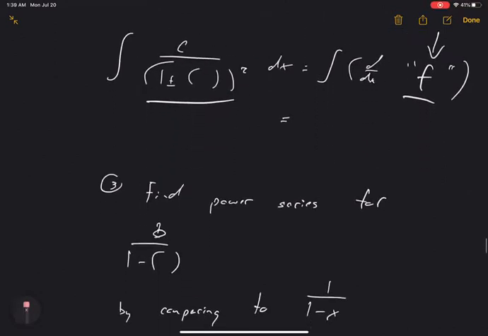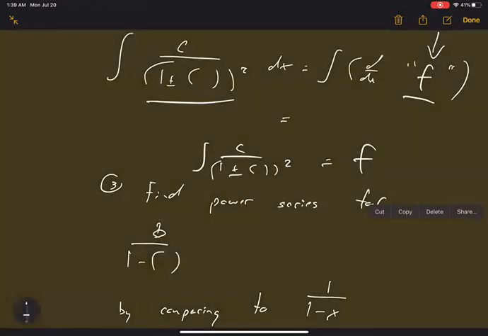Then you find the power series for f, right? So at this point we have something on the left side. We have the integral of our function, which we can solve, right? We have that integral is equal to our function f. Next thing we're going to do is find the power series for f.